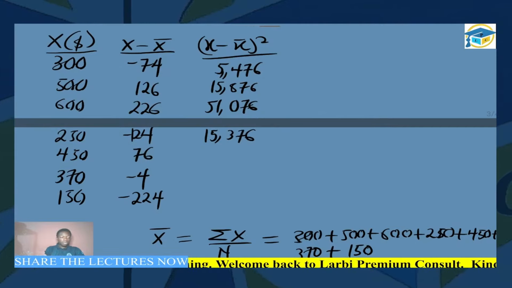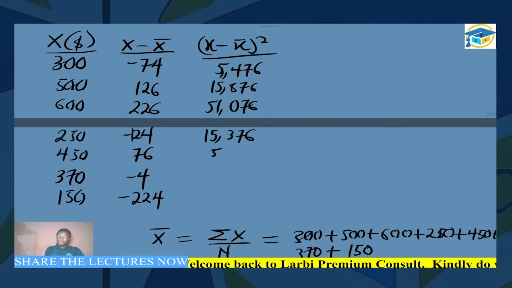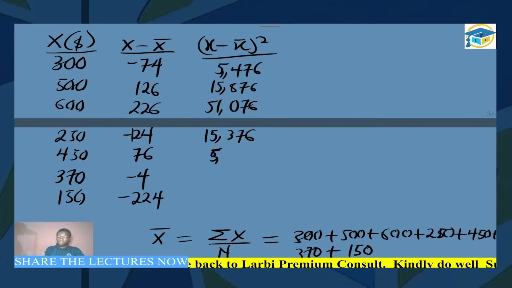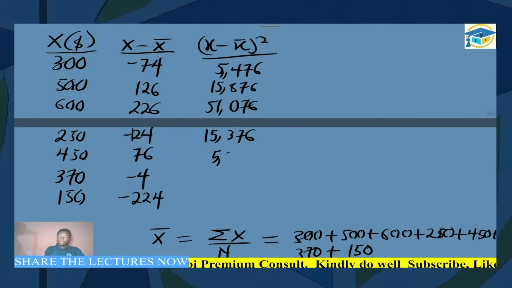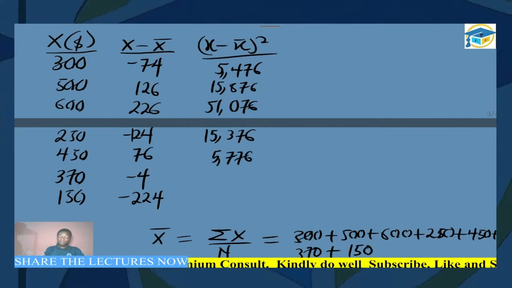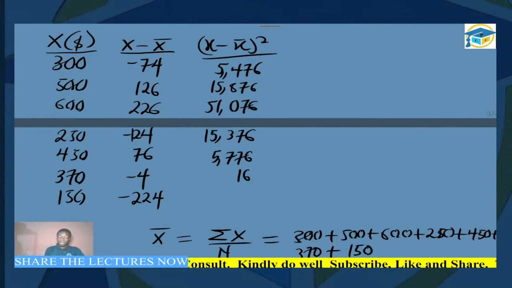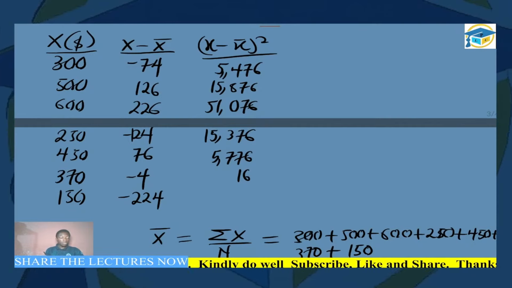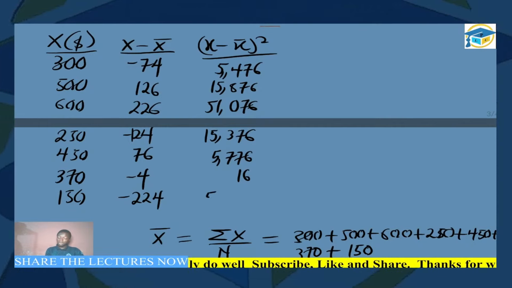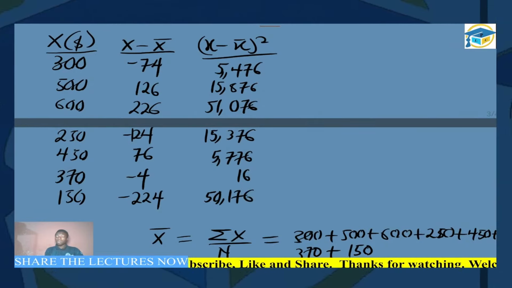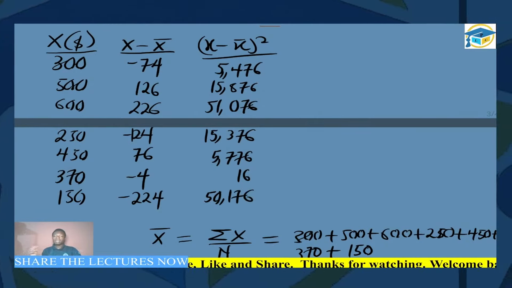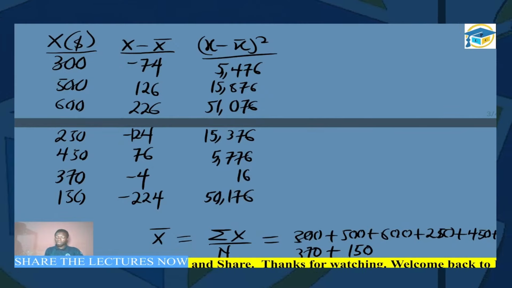That of 76 is supposed to get 5,776. Then negative 4 gives 16. And then 224, we should be able to get 50,176.